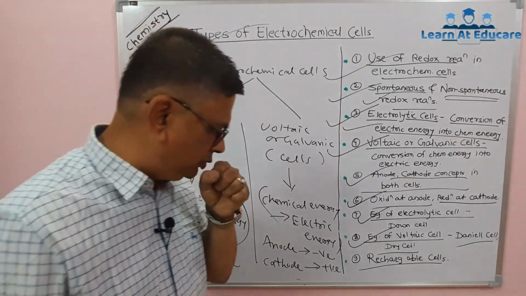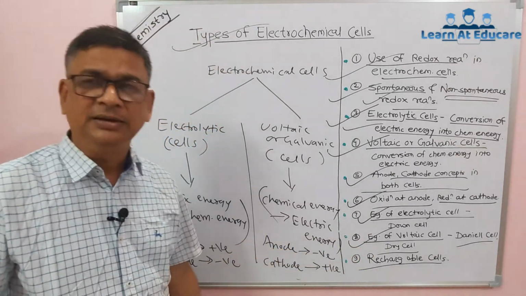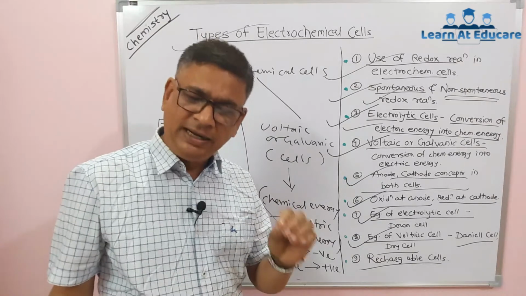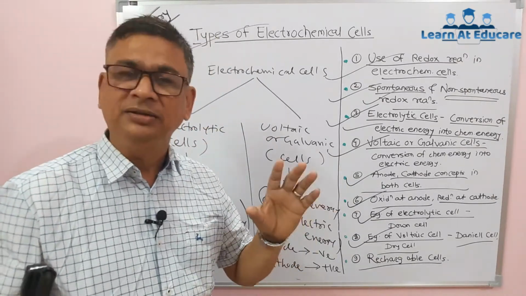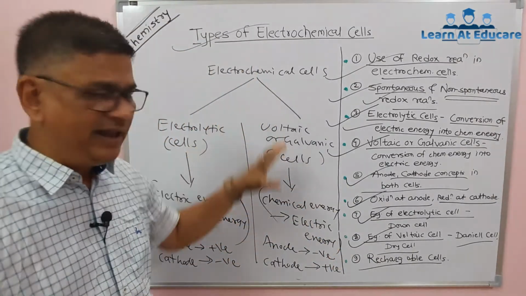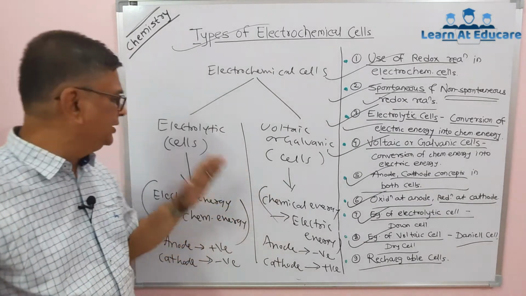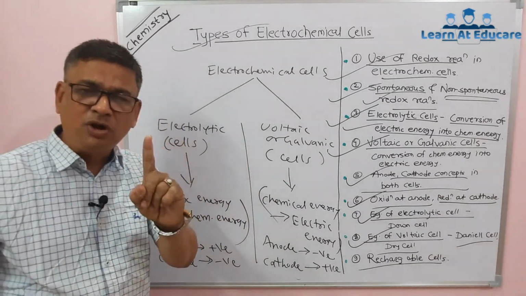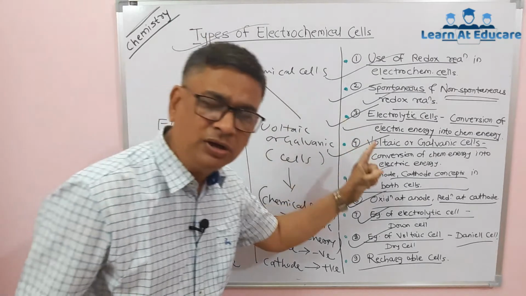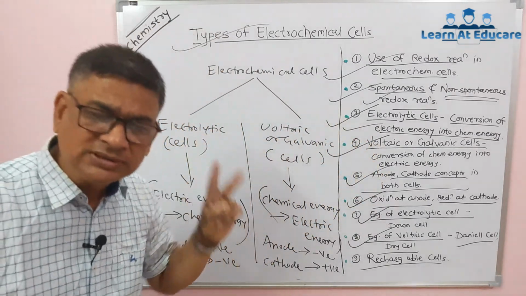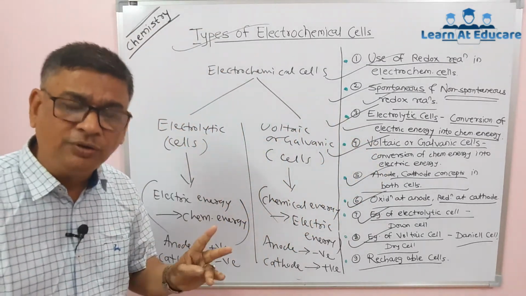That rechargeable cell is actually the combination of electrolytic and voltaic cell. Now this was the brief idea about the electrochemical cell. Two types of cell. One thing is common in both cases, redox reaction occurs. One thing is common in both cells, oxidation at anode, reduction at cathode.